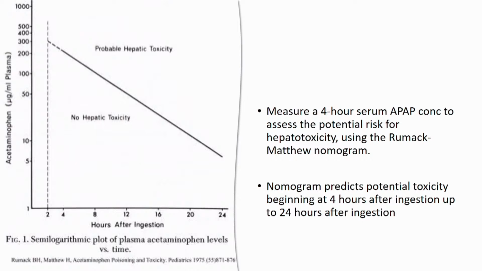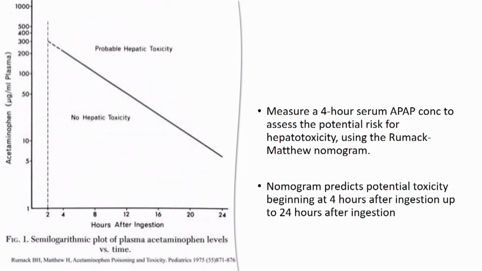So you plot it. It's a plot of the concentration of acetaminophen against time, and that gives you the prediction. You measure a 4-hour serum paracetamol concentration, then you assess the potential risk for hepatotoxicity using this nomogram.